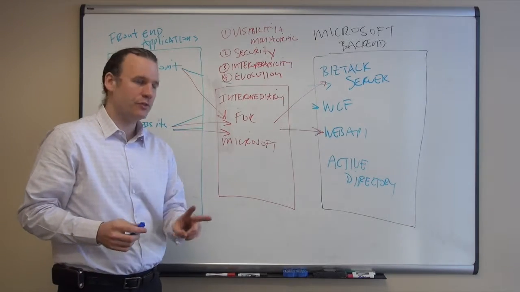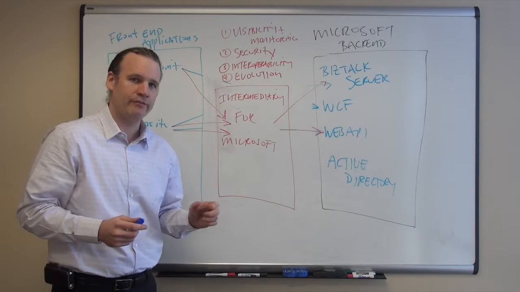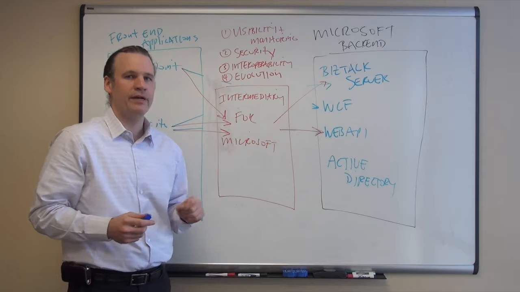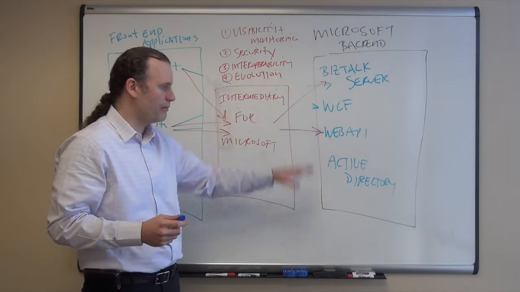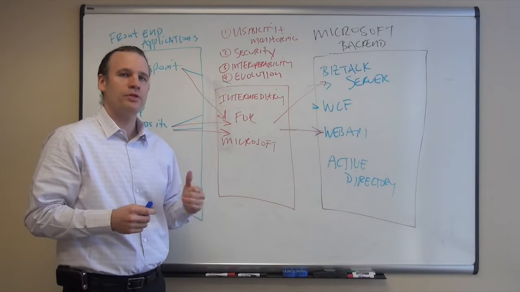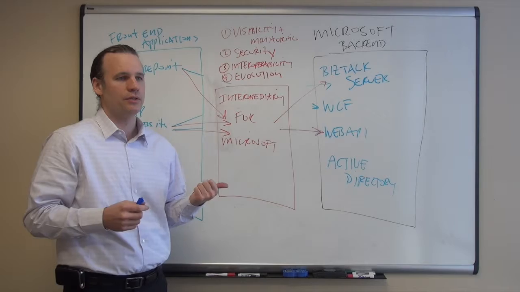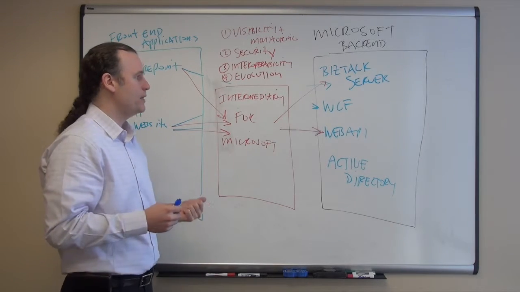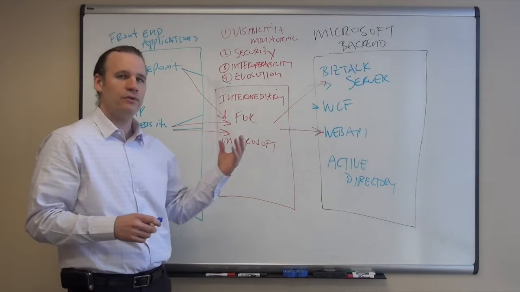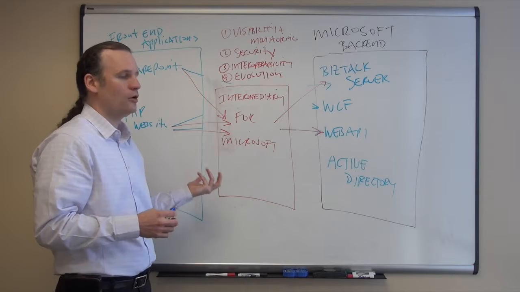For part 2, I want to talk about a very exciting aspect of Intermediary from Microsoft that we didn't get to talk about with part 1, and that's the ability for Intermediary from Microsoft to expose your backend infrastructure to the Windows Azure cloud to be used for the mobile revolution. Now, I know a lot of you are tackling mobile today, and you have a lot of questions and a lot of concerns and a lot of challenges ahead in terms of how do you get all this rich enterprise data out to the cloud so that it can be used for mobile.